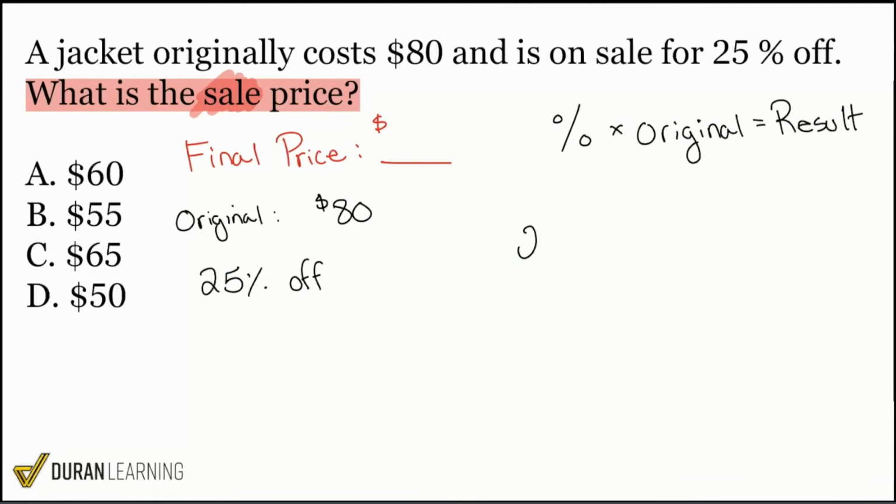So look, we have 25% times the original $80 is going to equal the result. Can somebody tell me what that 25% represents again? Yeah, 25% off means a 25% discount. 25% off, that means that it's a discount.